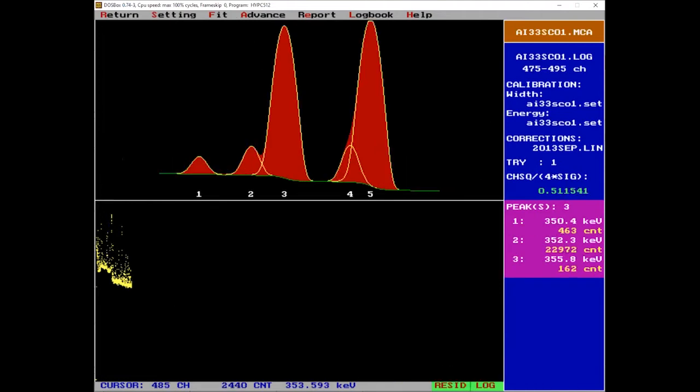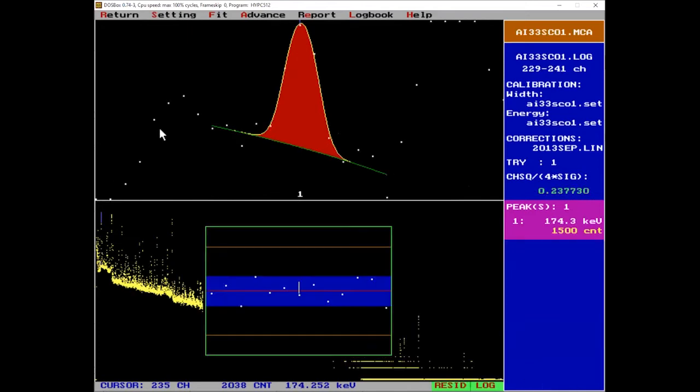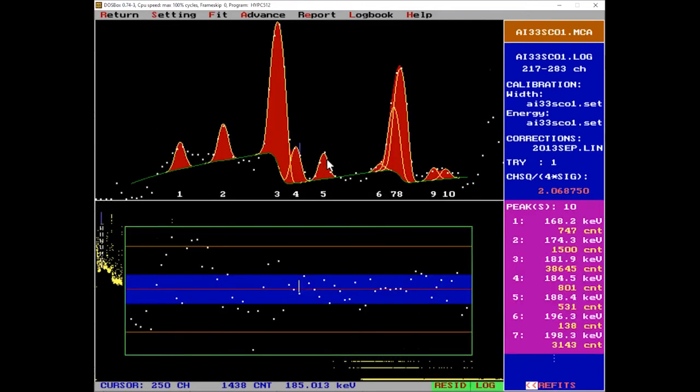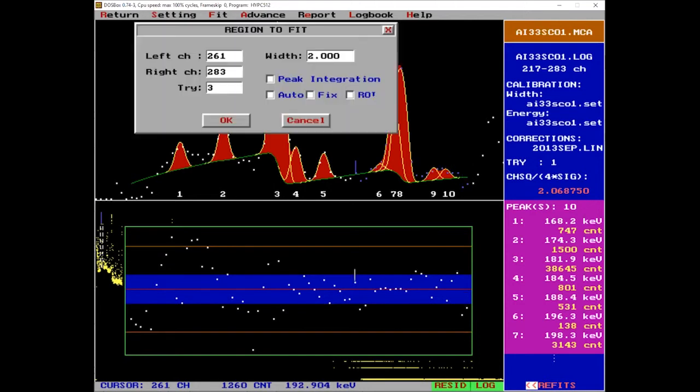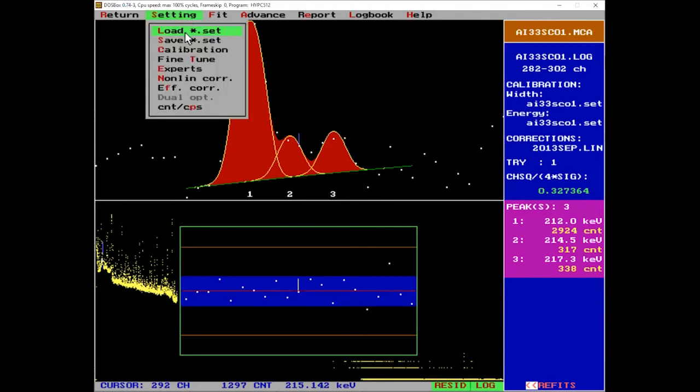So let's say you finalized the fitting, and all regions are properly handled. Then we refine the energy calibration.